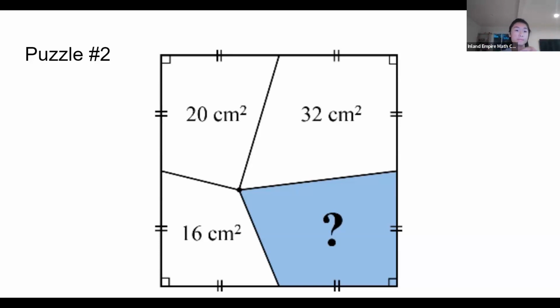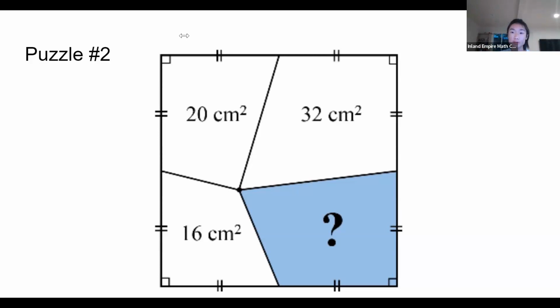Zoom user? Any guesses for what we can do? No? All right, it's okay.